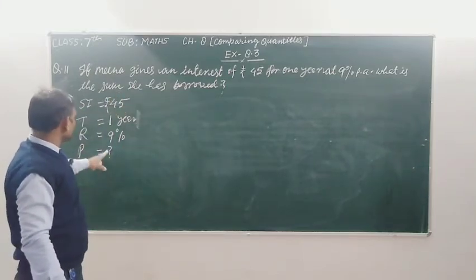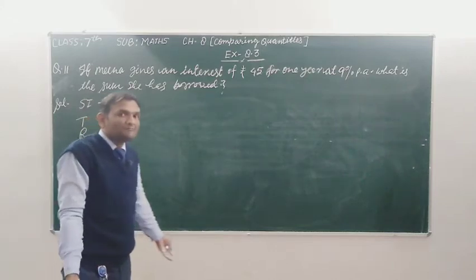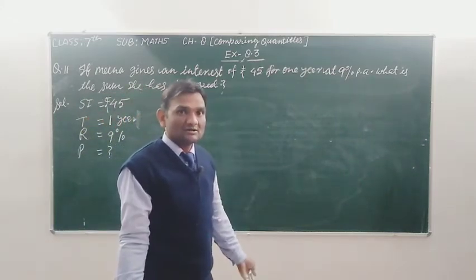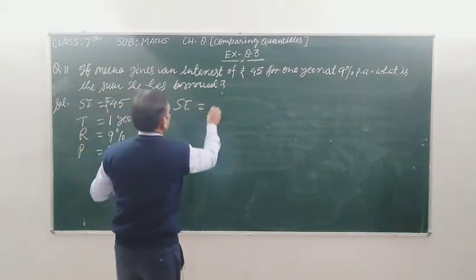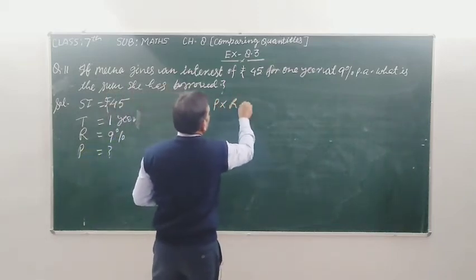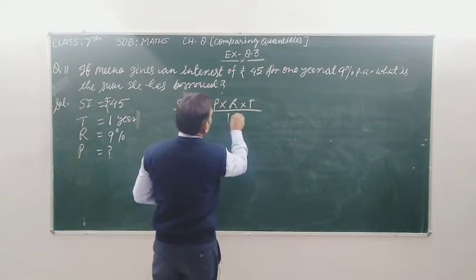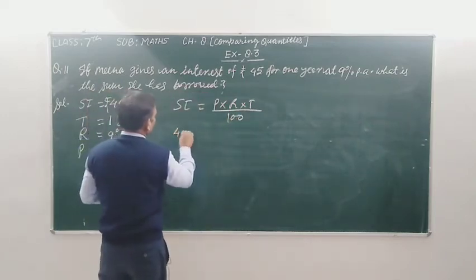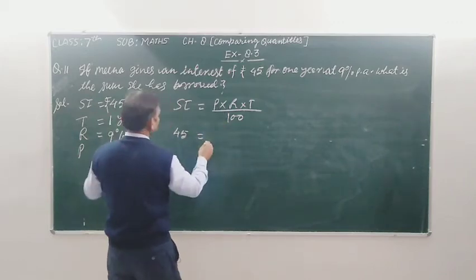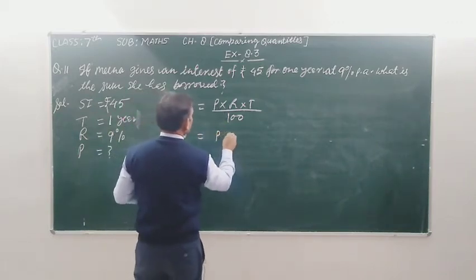P is asked in the question. So for finding the P, we use the formula of SI. SI, you know, is equal to P into R into T upon 100. So SI is given 45. P we need to find out.